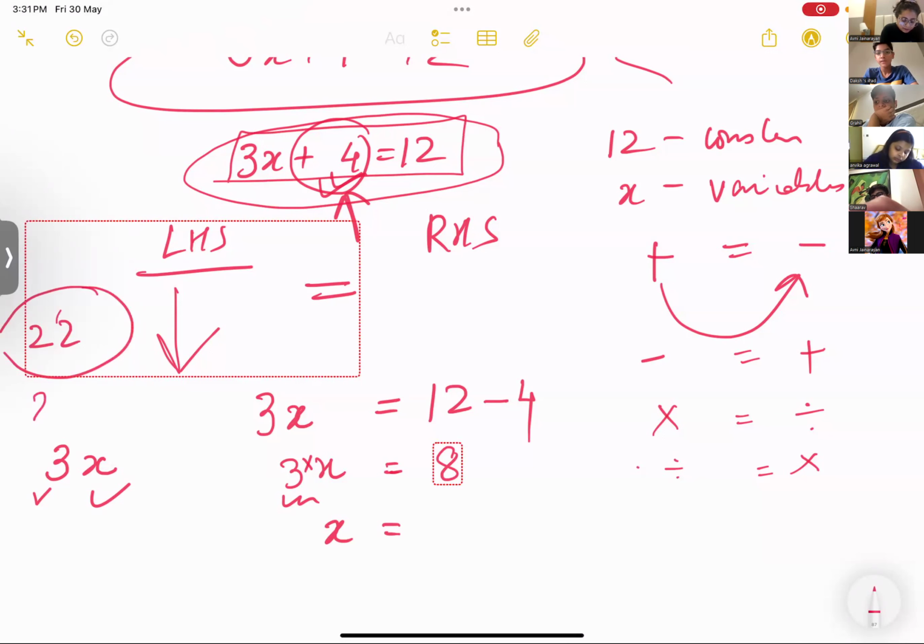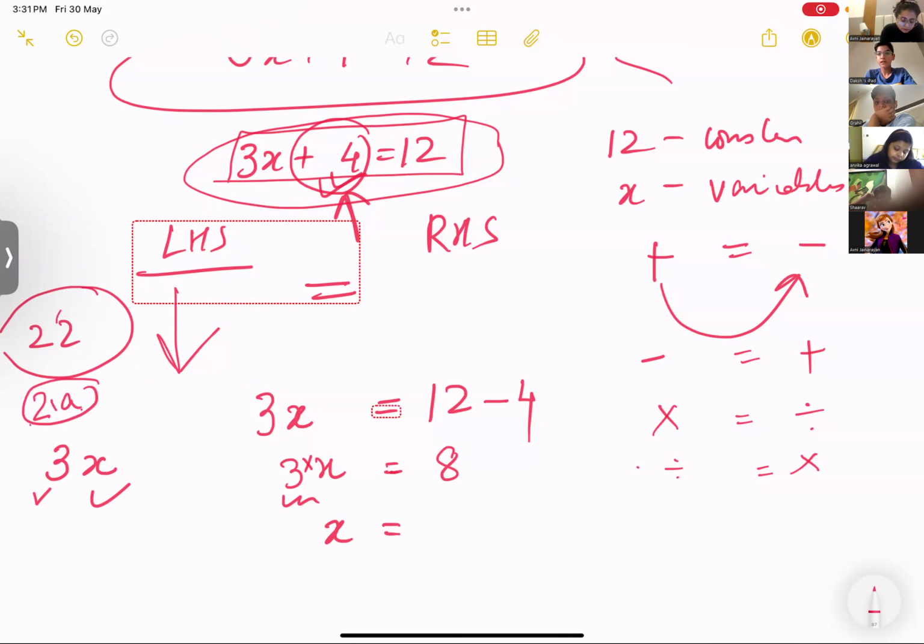But if I have one number and one alphabet, one constant and one variable, there is a multiplication sign all the time, remember. So now this 3 times x, when I take this 3 on my right hand side, it is going to become what, Daksh? Division. So 8 divided by 3.